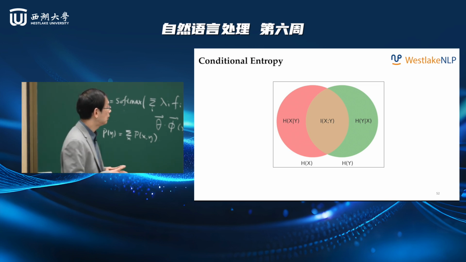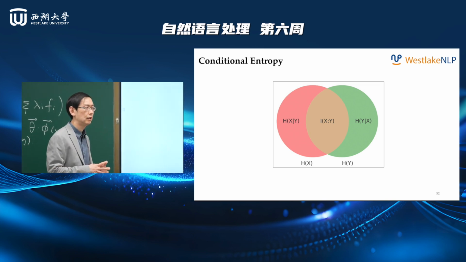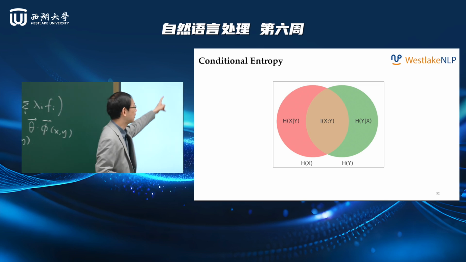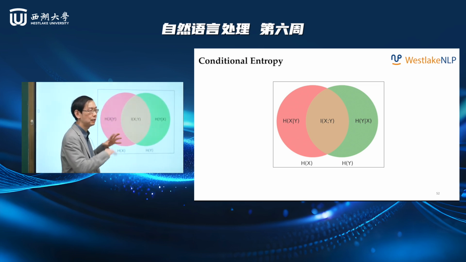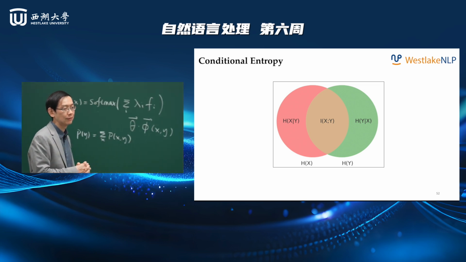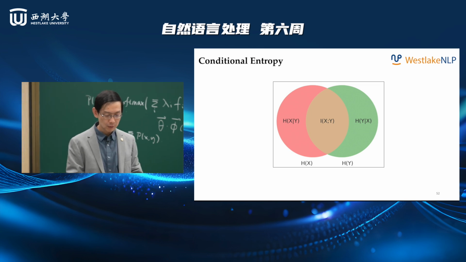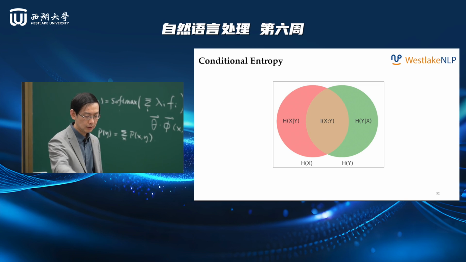And if you read more, okay, you will find that the whole thing is the entropy of the joint probability between x and y. Okay? I will leave it to you, because some of you already learned information theory.